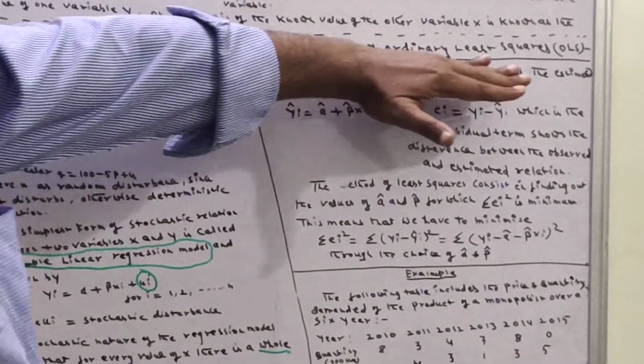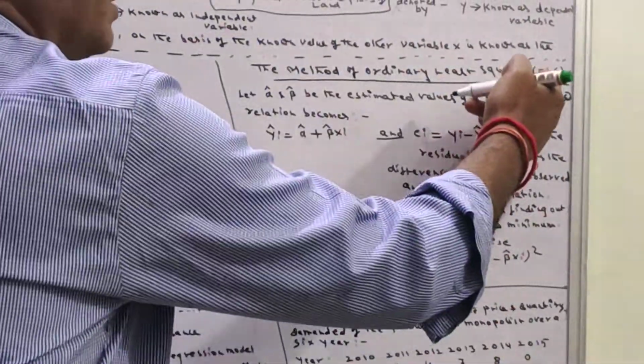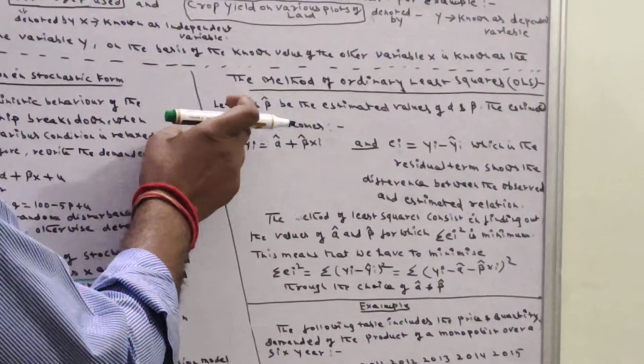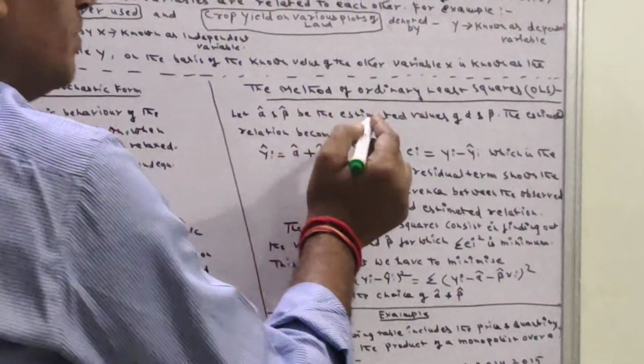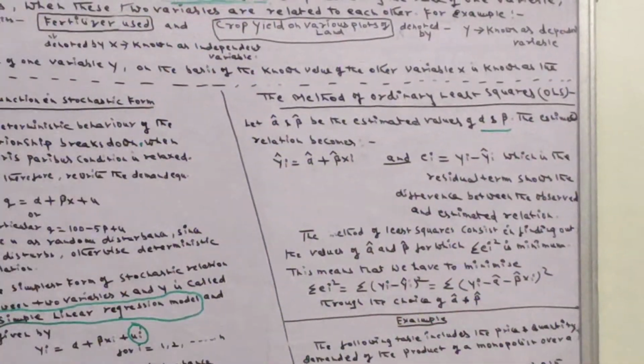Now come to the method of ordinary least squares, known as the OLS method. Let alpha hat and beta hat be the estimated values of alpha and beta.